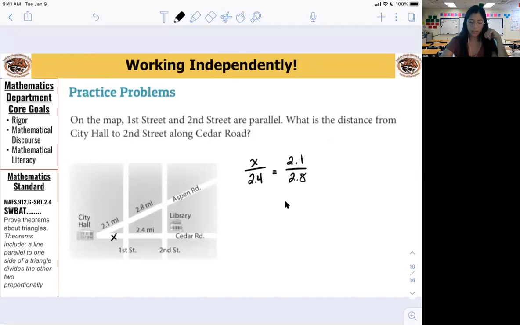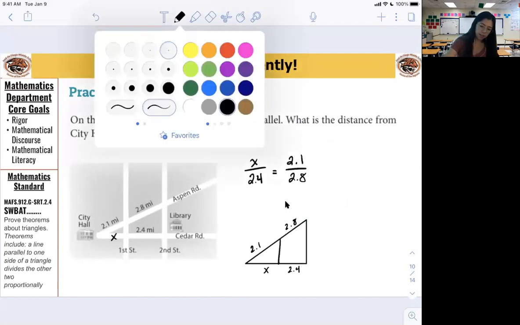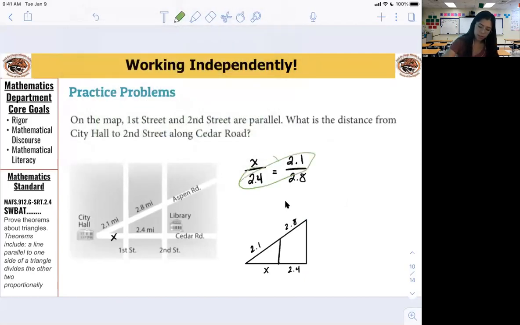That is correct. This is kind of like if you wrote this as a triangle. It's just another similar example. So 2.1, 2.8, then that's x, and that's 2.4. Cross multiply and set up that proportion.